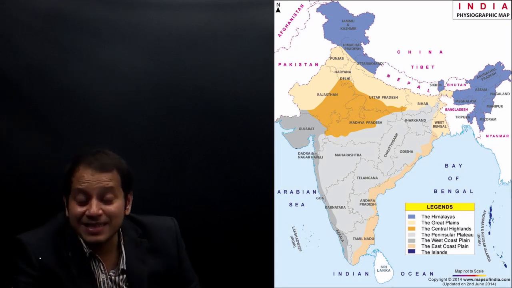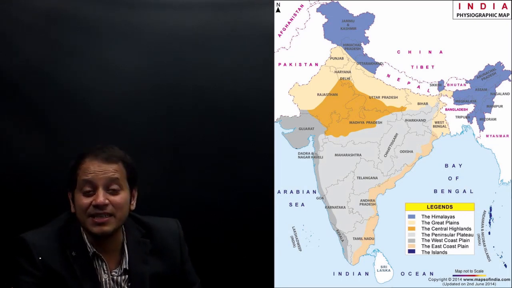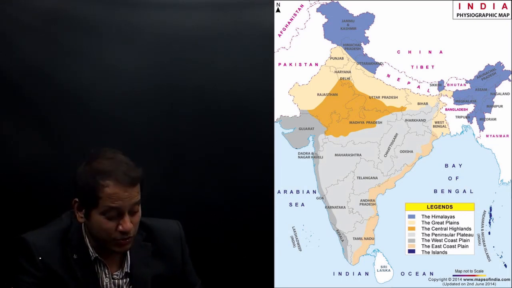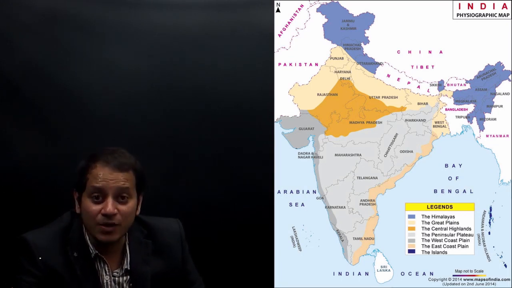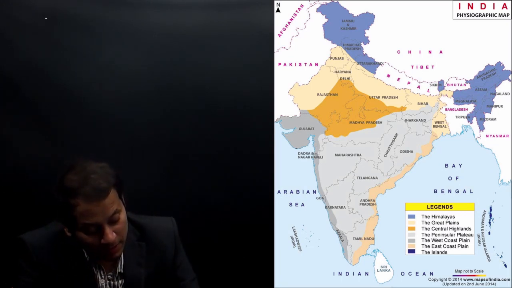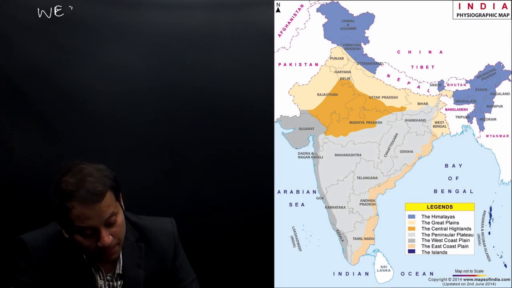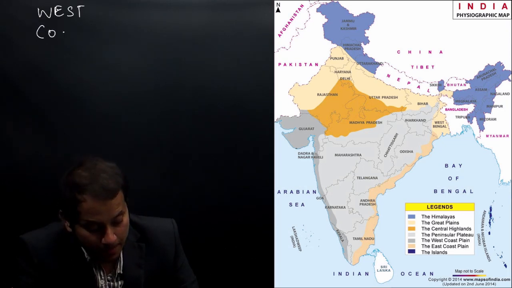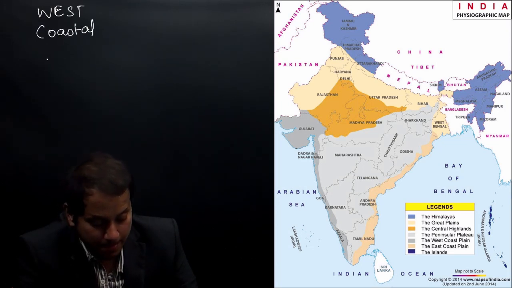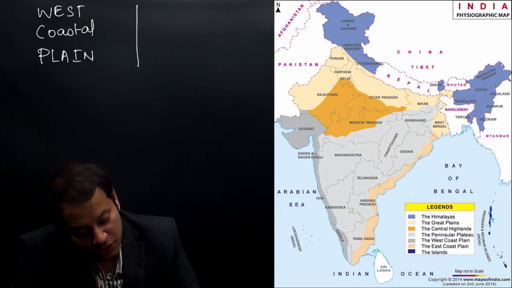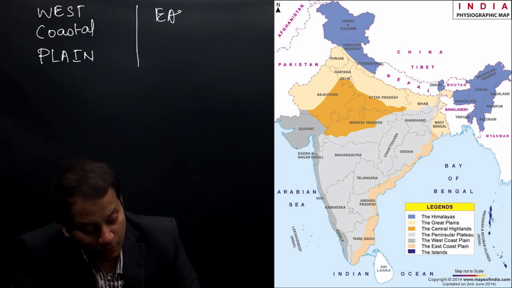So let us start the detailed study of the east and west coastal plains. Now, where is the west coastal plain? Two things you should remember about the west coastal plain and the east coastal plain from the exam point of view.